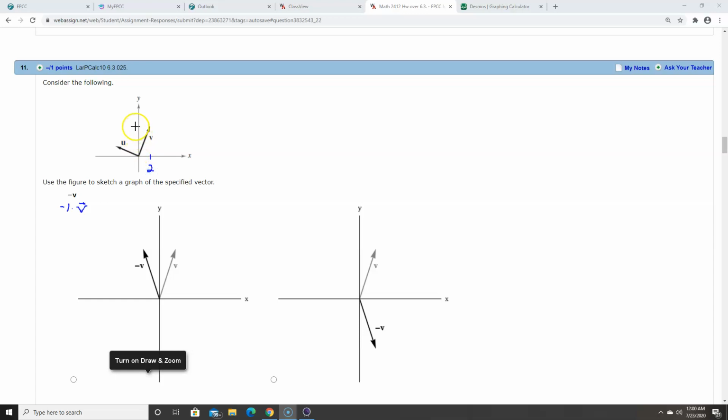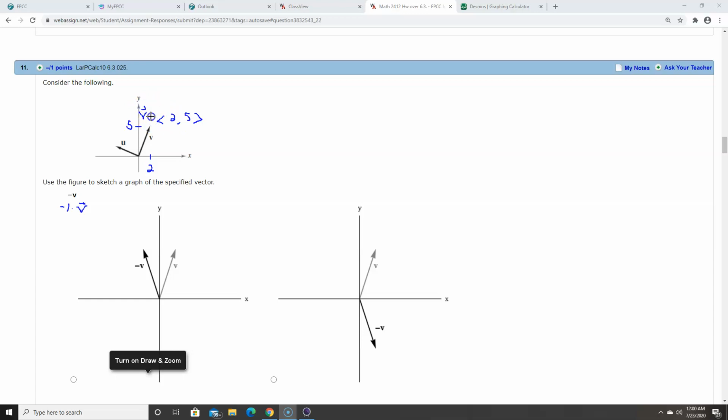Pretend this was, I don't know, 5. Just pretend. And so this would be 2, 5 in component form, and that's vector v.